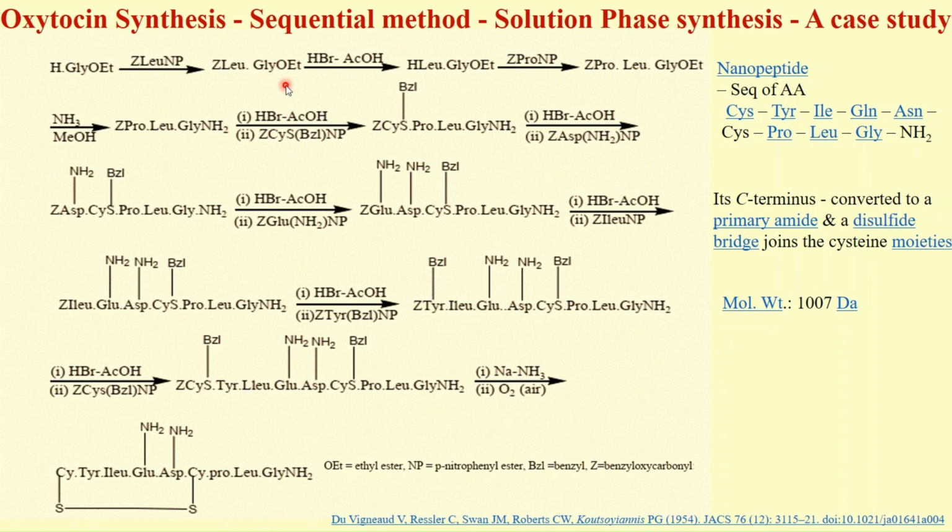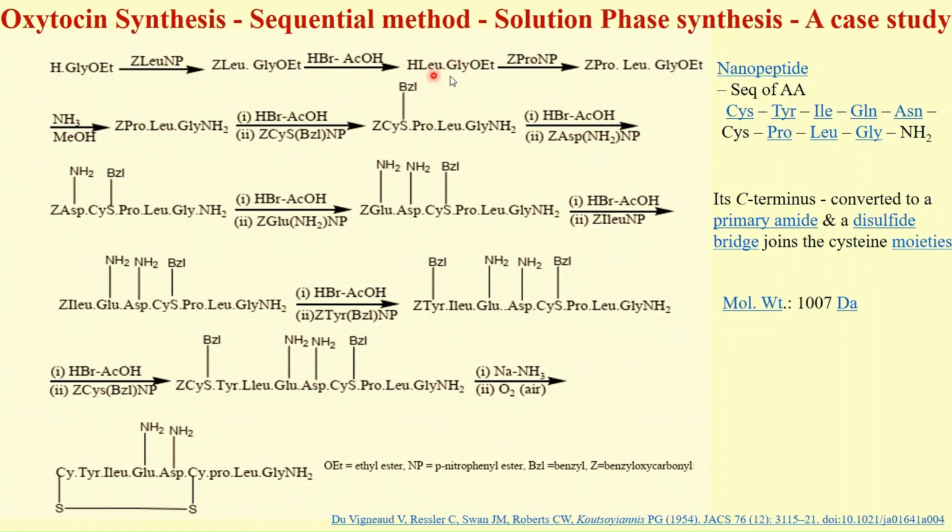The leucyl glycine ester obtained has been treated with hydrogen bromide and acetic acid, and the protection of leucine has been removed.